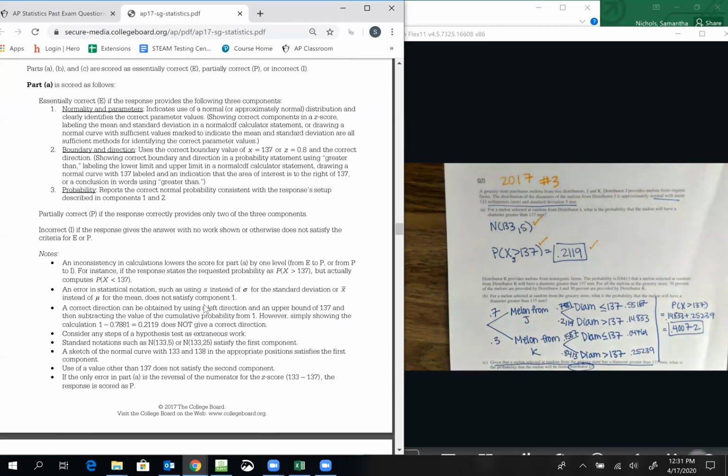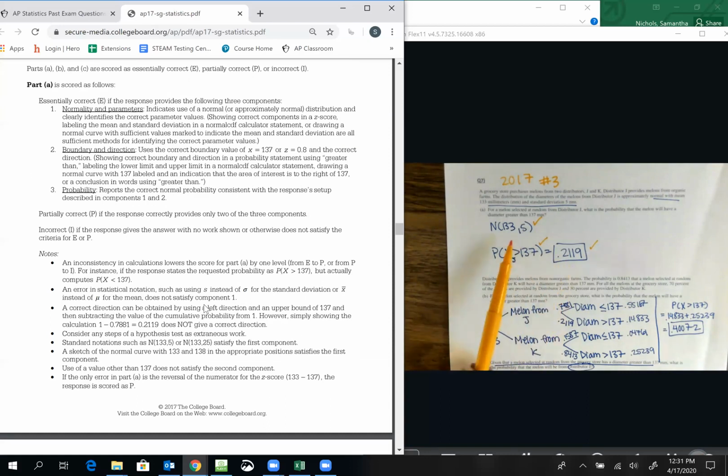They have a bunch of notes down here. So part C is the correct answer. Component 3 is the correct answer based on parts 1 and 2. So if you accidentally did less than, then you can still get a partially correct if this answer is consistent with less than.